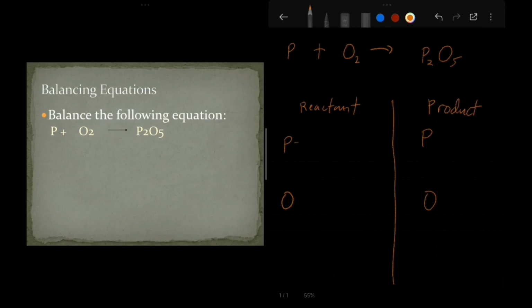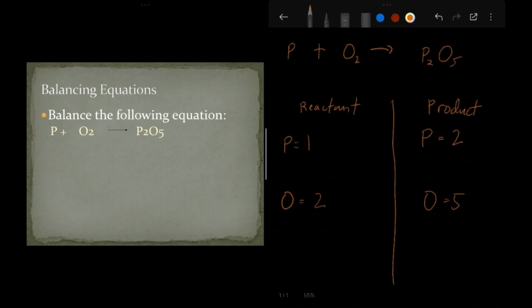So here, the atoms of the phosphorus is 1. The atoms here in the oxygen is 2. For the phosphorus, we got 2. And then the oxygen, we got 5 atoms. Wow. This one's kind of big. Okay.